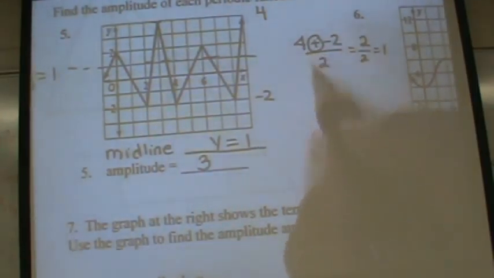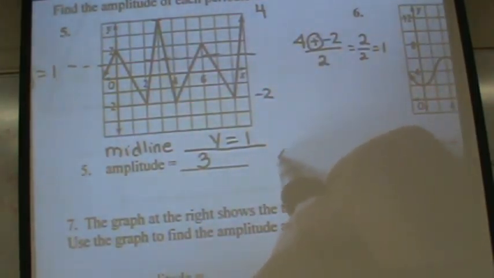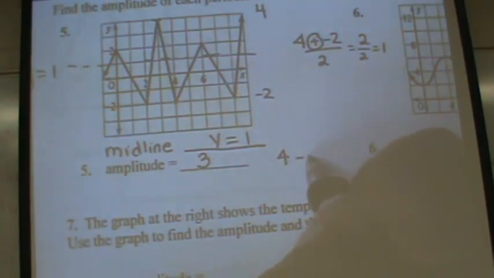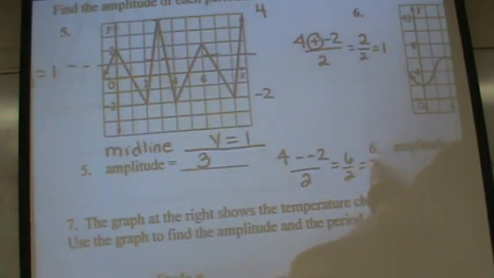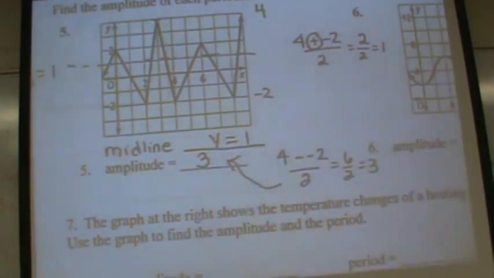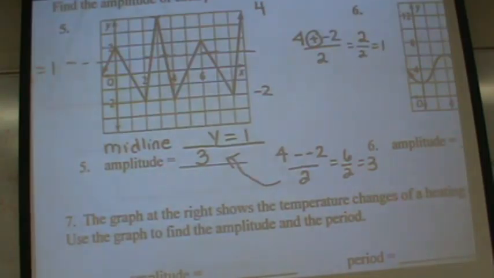You said, take the two numbers and subtract them. Yes, that's where you subtract them. And that's where you get 6 over 2, which is 3. So it's up to you how you wanna do that one. That's why I like to do midline first, and then I can see the amplitude so much better. Does that make sense?